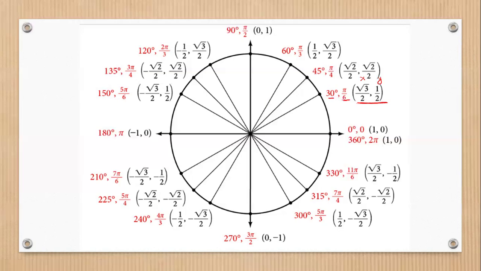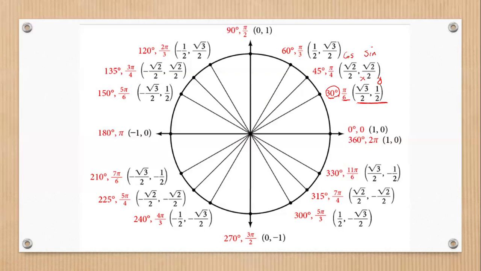For example, if I ask you what's the sine of 30 degrees, you say 1/2. What's the cosine of 30 degrees, you say √3/2. So remember that the first coordinate is x, which is cosine. The second is y, which is sine. So this picture gives you the sine and cosine of all of the angles in the first rotation.